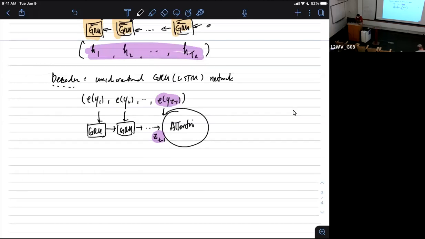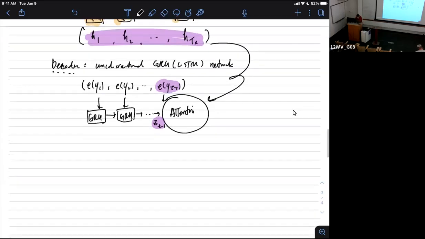And then this attention is going to be a function of the previous hidden state c_{t-1}, the current input embedding of y_{t-1}, and all those hidden vectors coming out of the source. What I mean by content-based attention is that the key, value, and query vectors are all the same. So we're going to just use a single vector for key, query, and value.